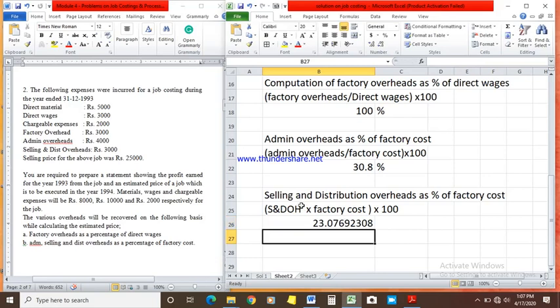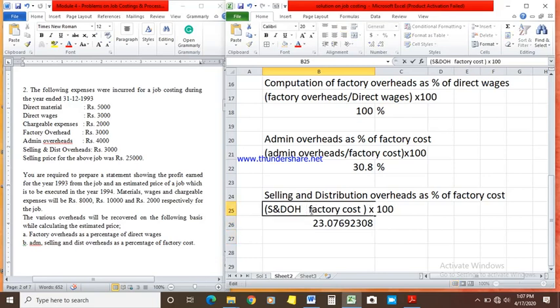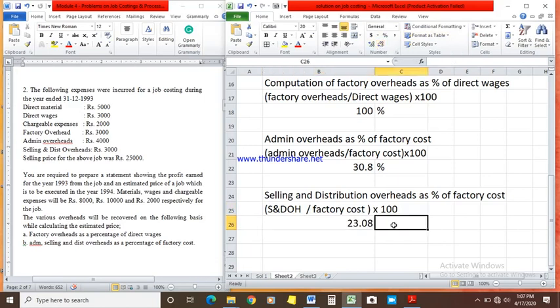Here I have made a mistake. It is not multiplication, it is division. So it comes to 23.08%.